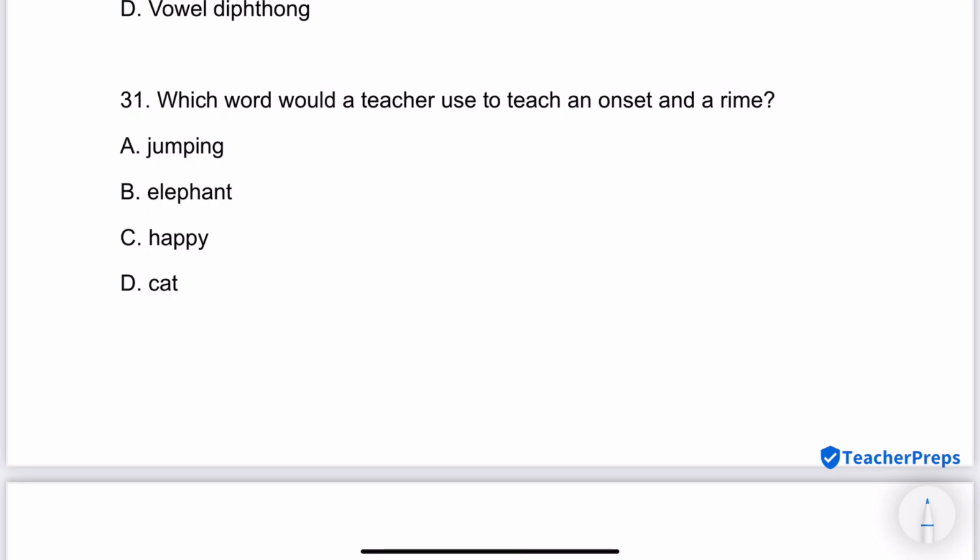All right, so remember also that the rime is the vowel and everything that comes after it. For example, if we have a word like cat, the onset is that k sound, and the rime is the two letters afterwards, at. And the structure is perfect for teaching word families. So we're going to go ahead with cat.